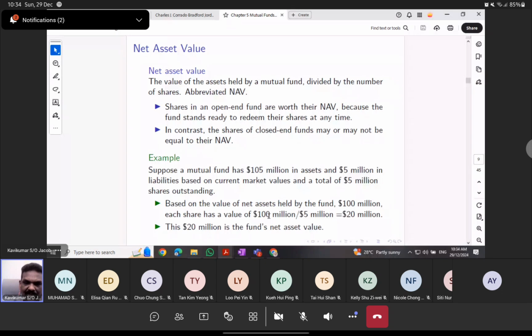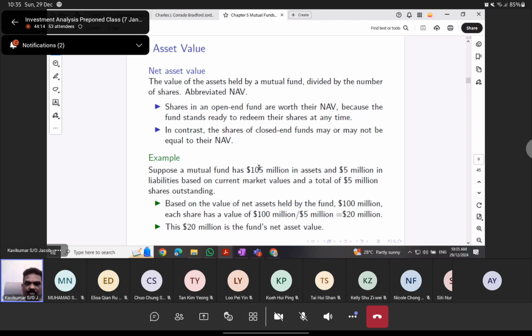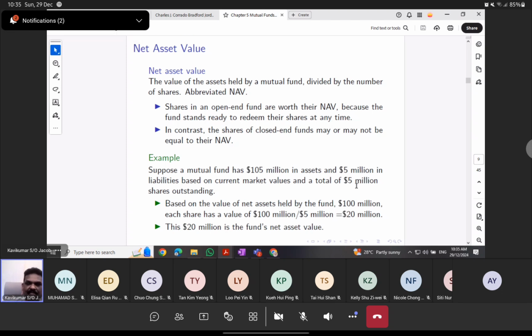Each share has a value of 100 million divided by the 5 million shares outstanding, so 20 million is the value of your net asset. This 20 million is the fund's net asset value. So the total mutual fund asset value is 105 million, 5 million they're supposed to pay back, and a total of 5 million shares outstanding.